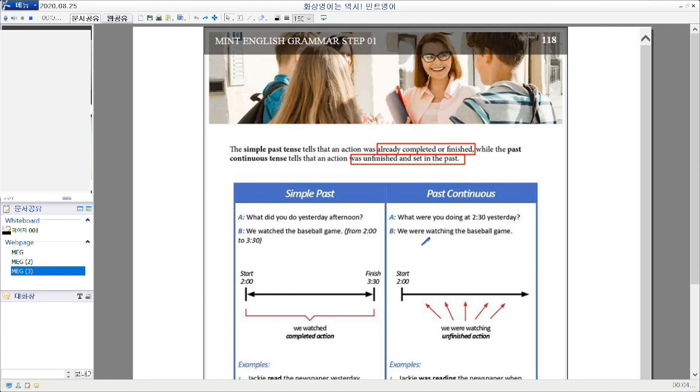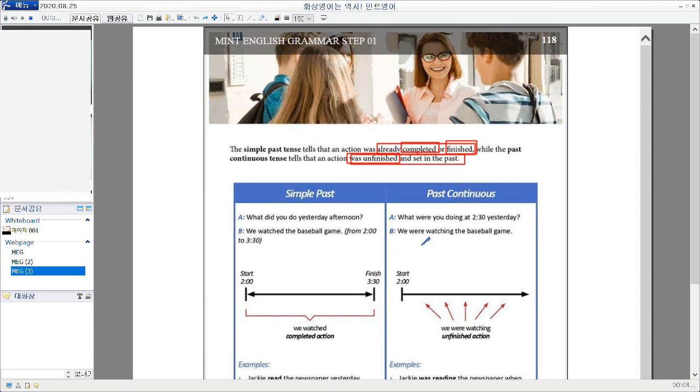So one more time: simple past, the action is complete. It is finished. For past continuous, it was unfinished, but it happened in the past. Okay? I have a question.